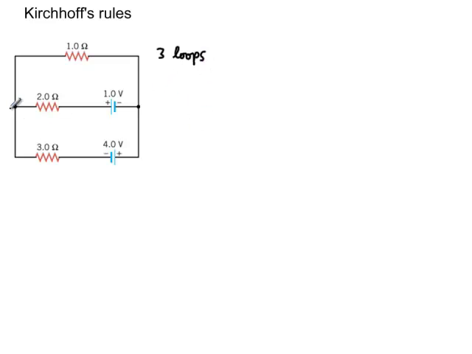And then we have a junction on the left and we have a junction on the right. And I don't know why I just wrote 1 while I said actually 2 junctions.